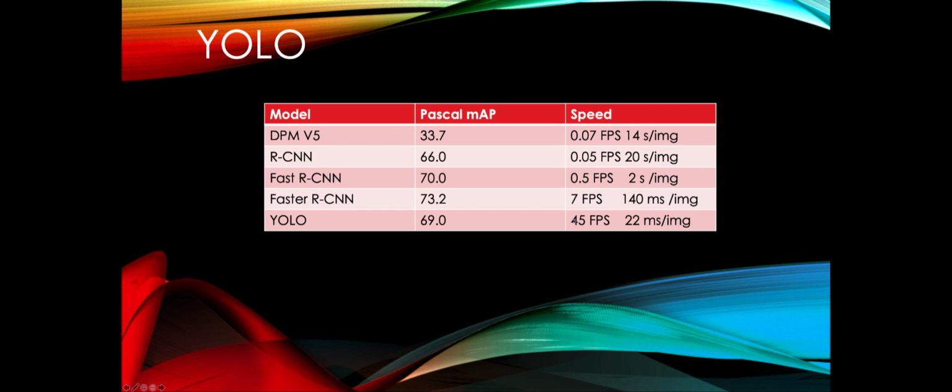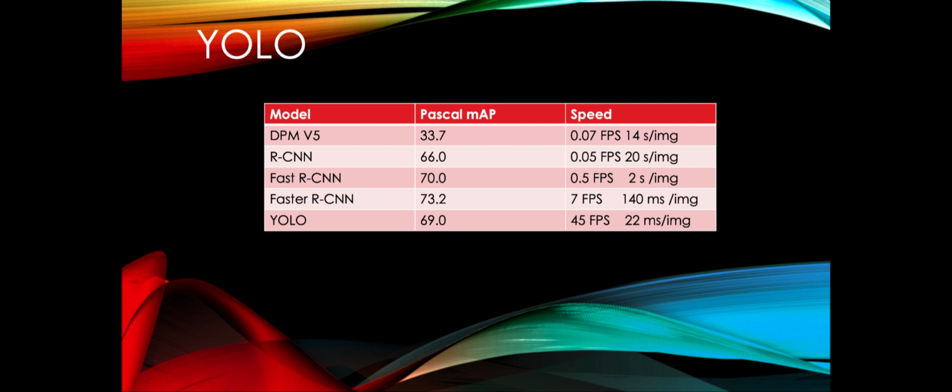It can process about 45 frames per second and detect objects in an image within 22 milliseconds. This makes YOLO ideal for real-time object detection use cases without sacrificing a lot of accuracy. Its mean average precision is about 69.0, which is not too bad, and the developers are continuously working to improve the accuracy.